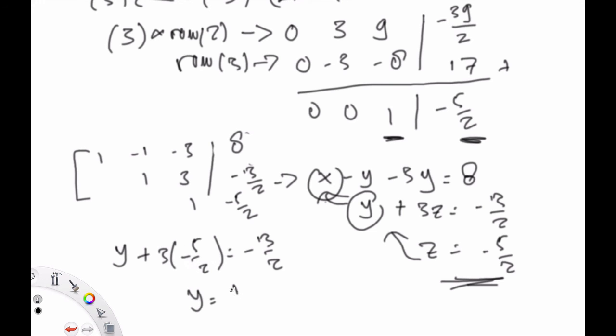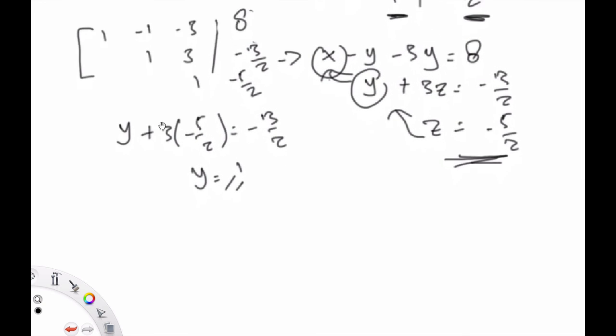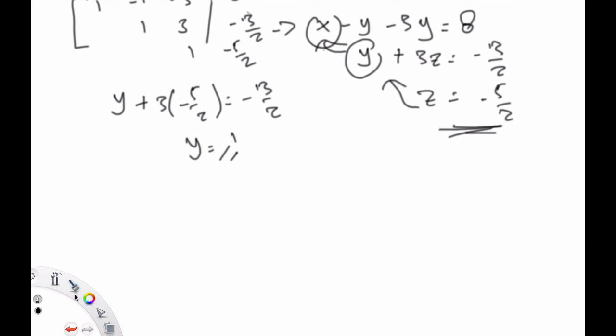After we get y is 1, we can get the value of x: x minus 1 minus 3 times minus 5 over 2 is 8. So we will get the value of x here is 3 over 2.